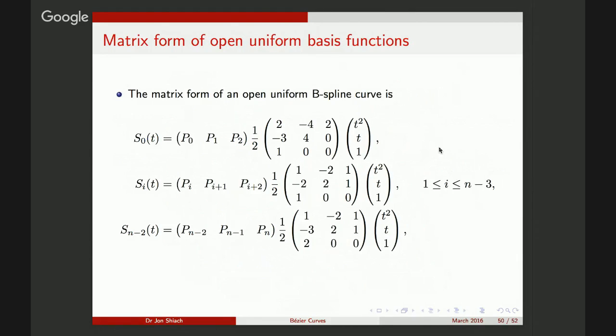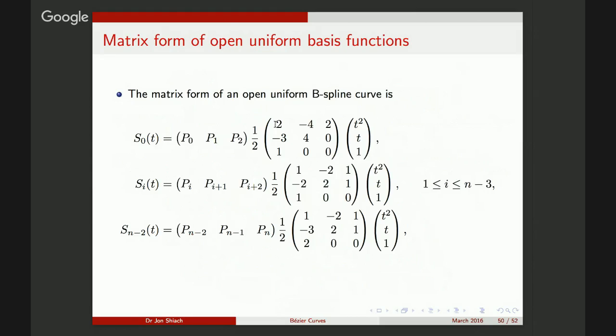So what this means is this middle one was the same as the one we had before. That's our matrix equation for our B-spline, the one before. The one at the very beginning is slightly different, and has a different matrix. This uses the first control points, P0, P1, P2.